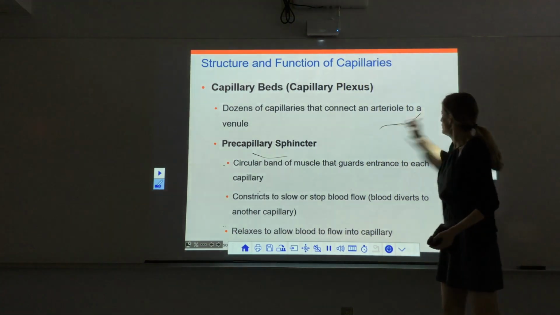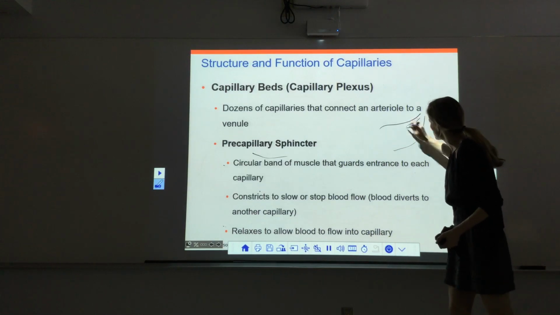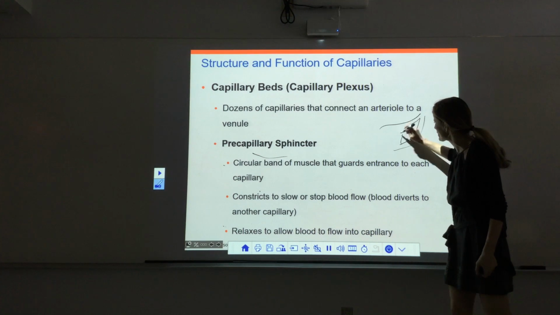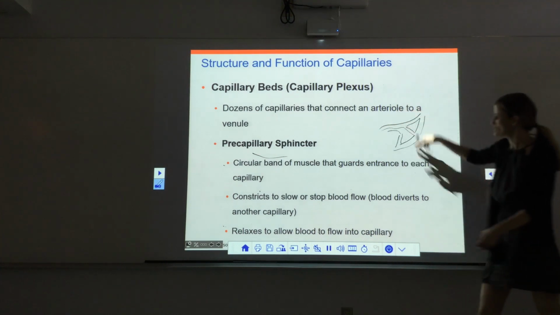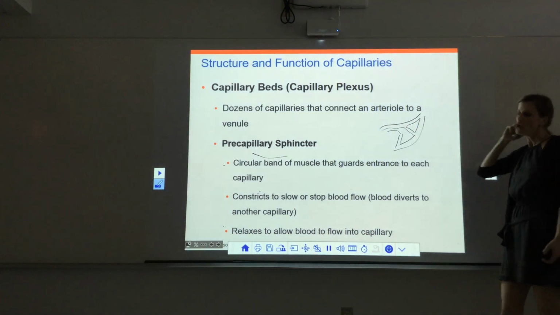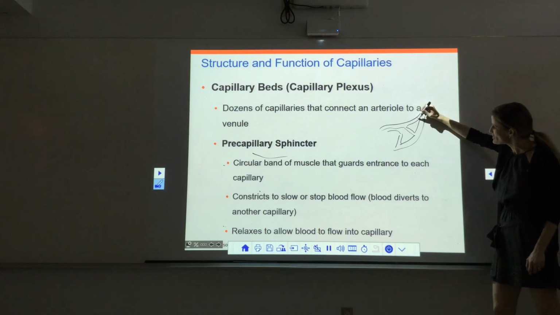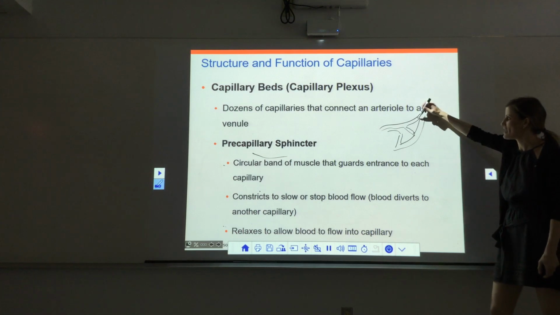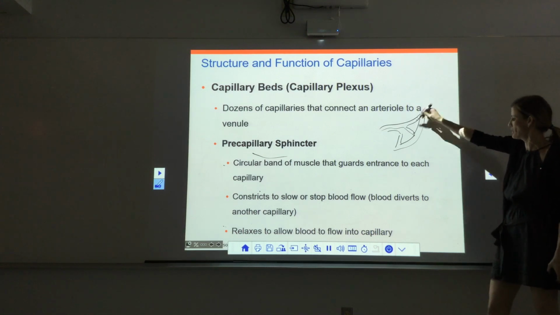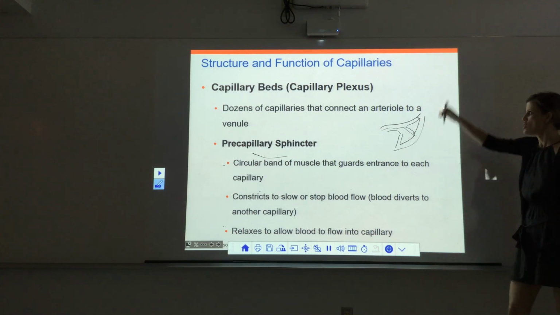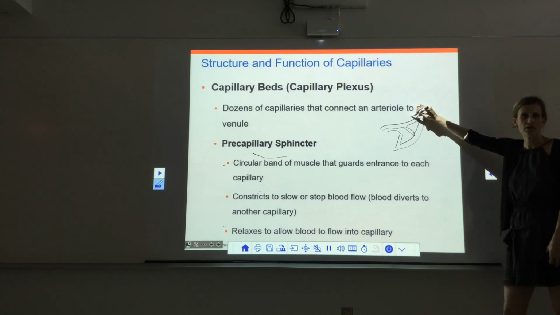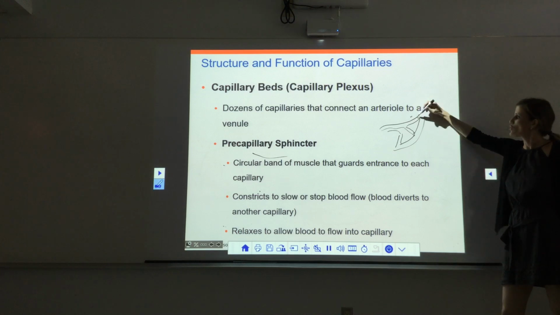This is really important because we need to constantly alternate the blood through different parts of the capillary bed depending on what each area of the tissue needs. So you could have a little precapillary sphincter right here, another precapillary sphincter right here. And they can change the flow of blood through this capillary bed. So say this area over here was really low in oxygen, right? It needs more oxygen. So this precapillary sphincter could get bigger.